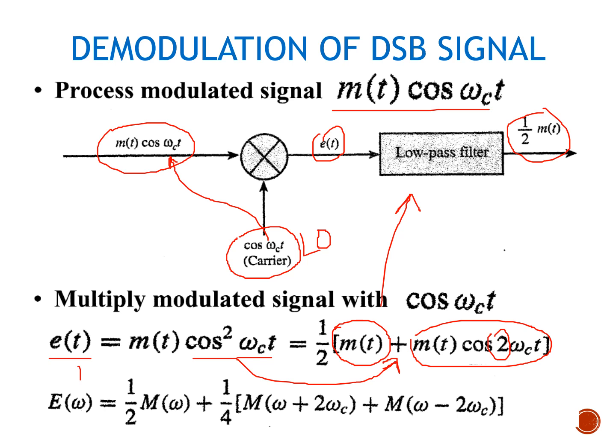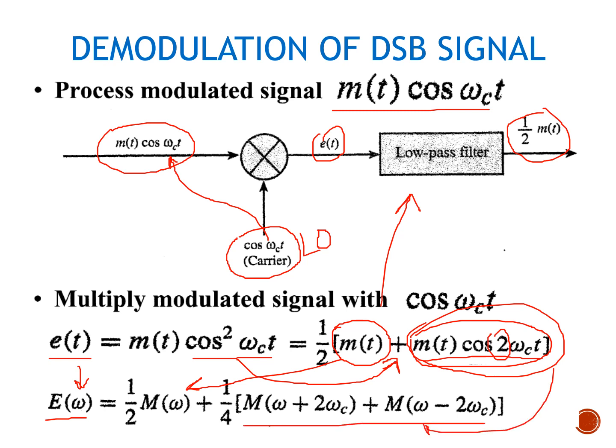If we look at the spectrum or the Fourier transform of this e(t), it is denoted by E(omega). It is equal to half M(omega), the Fourier transform of this, and we know the Fourier transform of this. Since it's multiplication in the time domain, after convolution we get these two spectral profiles.